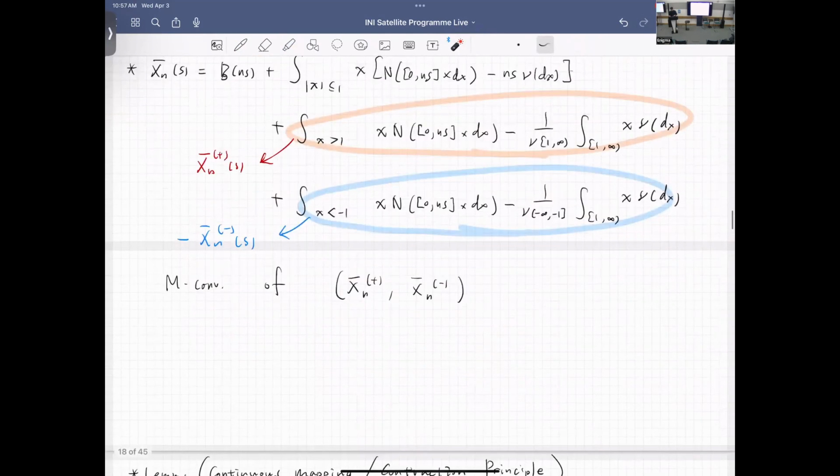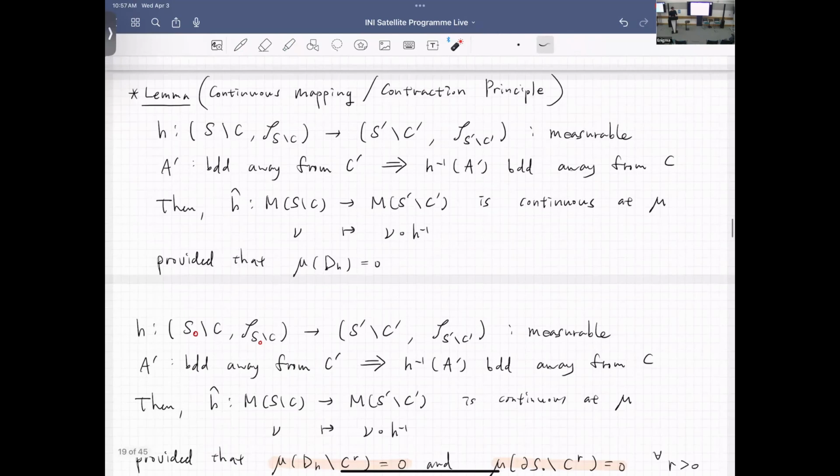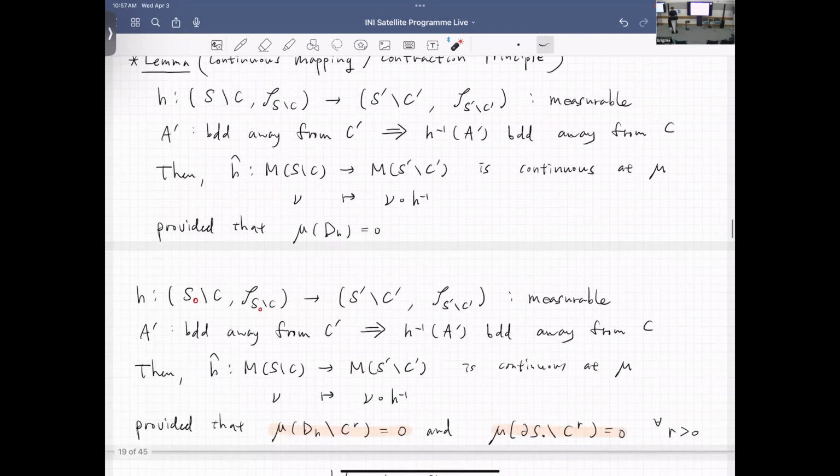And one useful machinery in the light-tailed counterpart was Hunter's principle. There is something that corresponds to that here, so this is basically the continuous mapping or contraction principle for M convergence. I'm not going to read this, but the point is that if you have a continuous function, in M convergence you need a little bit more.